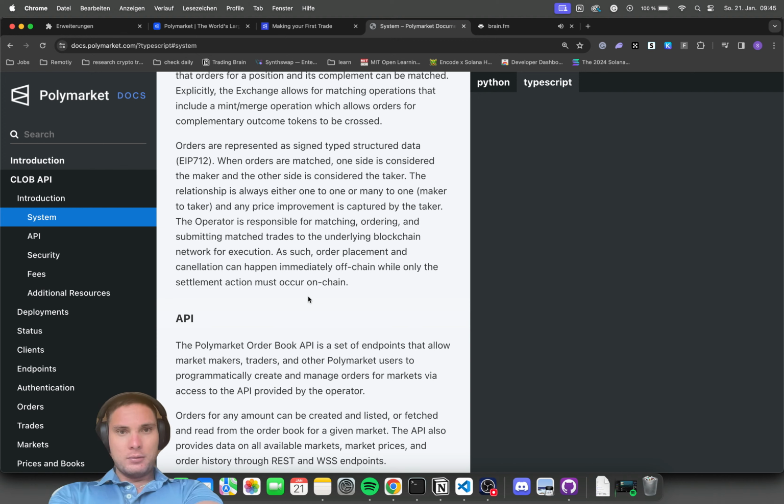Order placement and cancellation can happen immediately off-chain, while only the settlement action must occur on-chain.